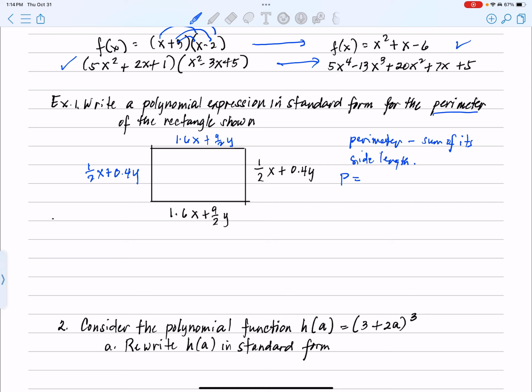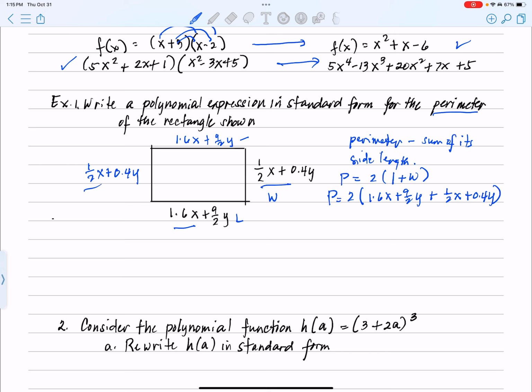Since there are 2 of this and 2 of this, we can write that as 2 times the length plus the width, coming from the formula for a rectangle. So our solution: we have 2 times, the length is 1.6x plus 9/2 y, plus the width, which is 1/2 x plus 0.4y.